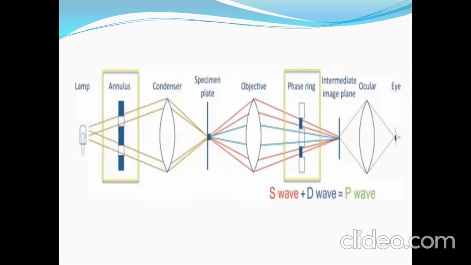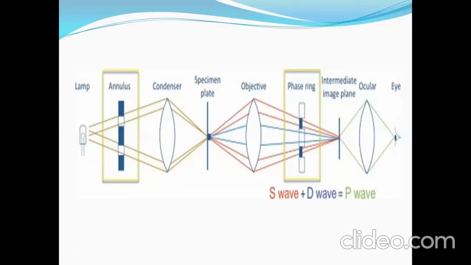Okay, so how is such a phase difference created? You can see there is a lamp, obviously the light source, and after that the annulus or the diaphragm is present. You can recall from the dark field microscope, it just creates a hollow cone of light, right?